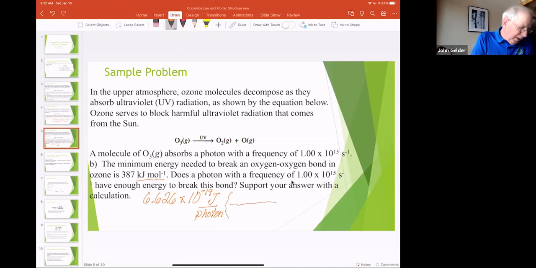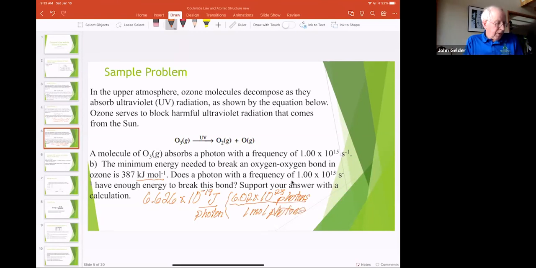So if I convert, and I need moles in the denominator, and I remember in the atomic structure portion of the equation page, that Avogadro's number was 6.02 times 10 to the 23rd photons in 1 mole of photons.